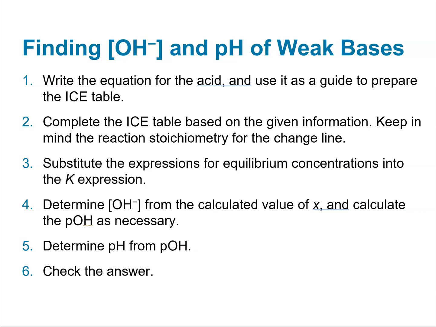And then you need to substitute the expression for your equilibrium concentrations into K. I think this is almost identical, actually. And then you determine your concentration of hydroxide from the calculated value of X. So whatever X was fills in for your concentration of hydroxide, and then you just find your pOH as necessary. And from pOH, you can determine pH, because it's just 14 minus pOH. And that's it. Straightforward.